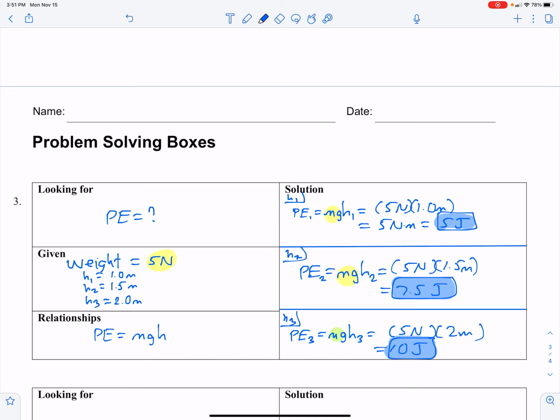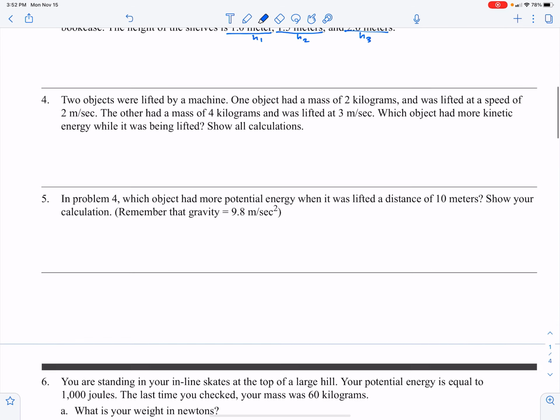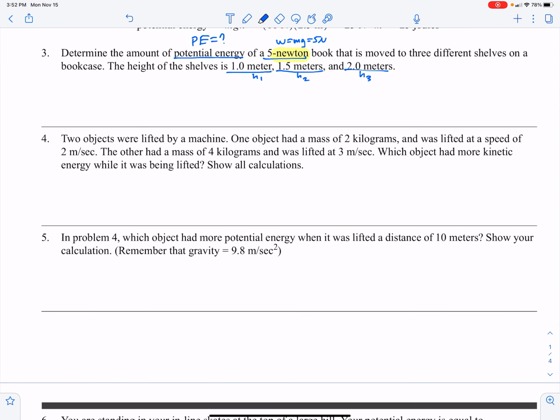Let's take a look at number 4. Two objects are lifted by a machine. One has a mass of 2 kilograms. Since this is the first object listed, we'll call this mass 1. And it was lifted at a speed of 2 meters per second. Since that's the speed of the first mass, we'll call that V1.